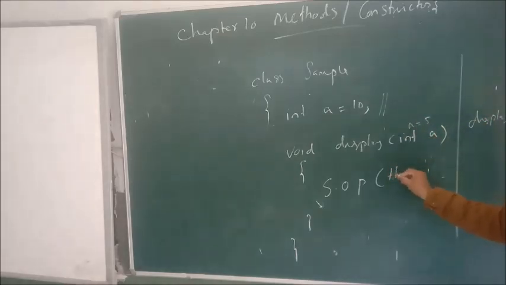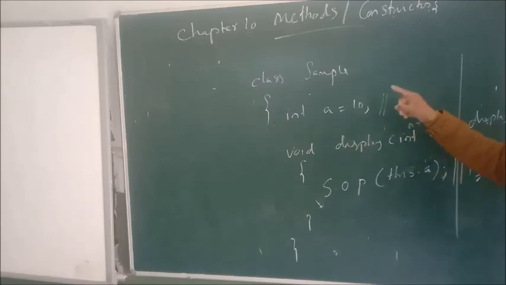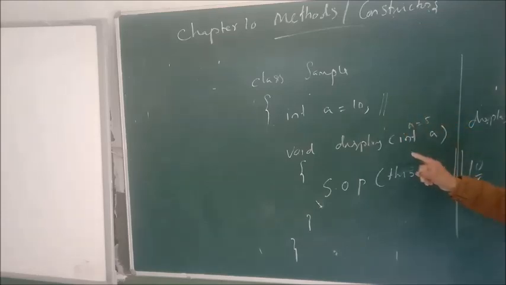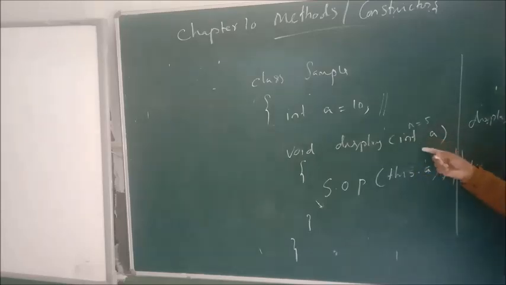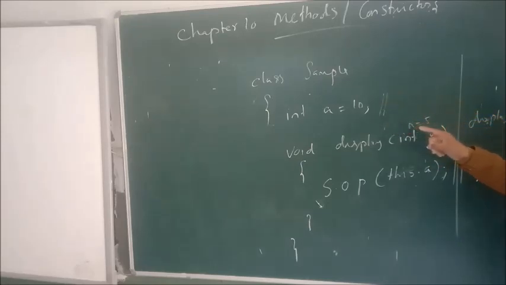Then what you do? this.a. So it will print only 10. So that is what I told you. The this keyword is used to refer to the current object, and it is also used for differentiating the local and class variable. So in this scenario we have a local variable and a class variable with the same name. Okay? Is it clear?